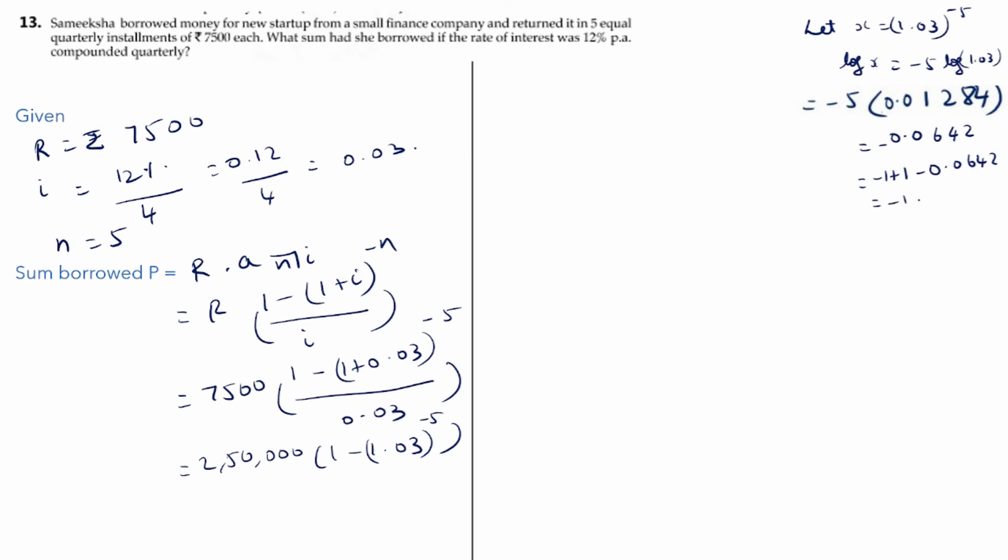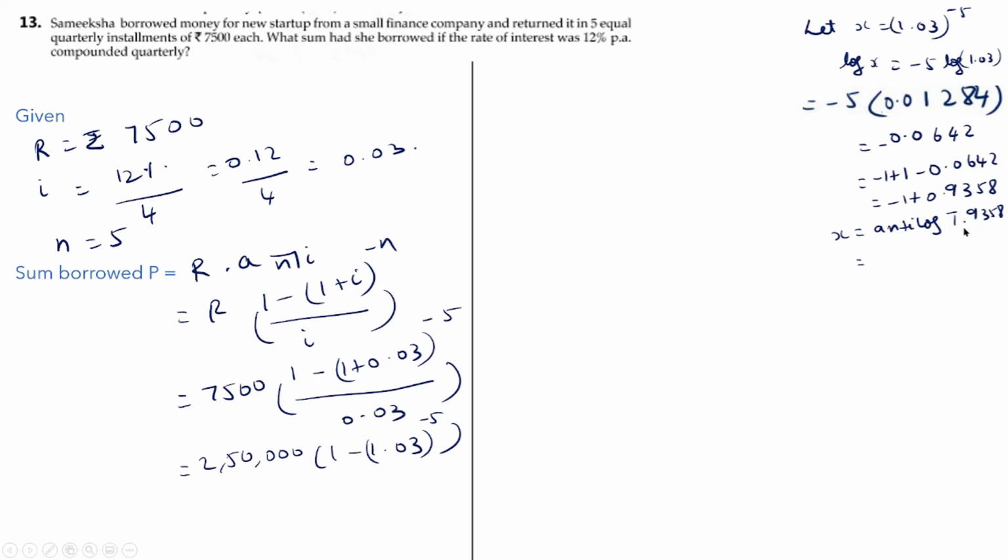So here we will have minus 1 plus (1 minus 0.0642), it will be 0.9358. So x will be anti-log of bar 1.9358, or it is anti-log of 0.9358 into 10 raised to minus 1.